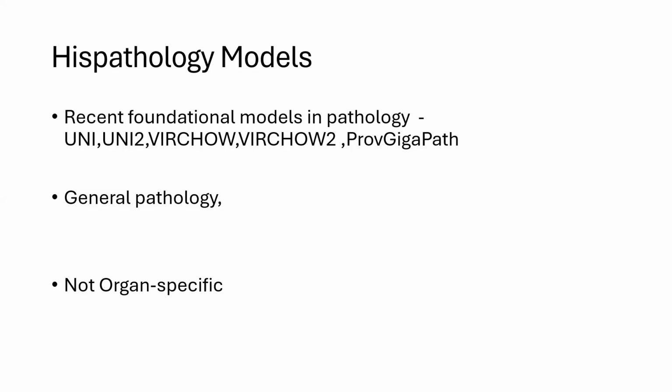So if you train a model for all types of data, sometimes it hallucinates. So we want organ-specific models. That is still the biggest challenge, because the amount of data available for a single organ is not that huge. So there are challenging tasks like this. If you have more data, you can make it organ-specific.